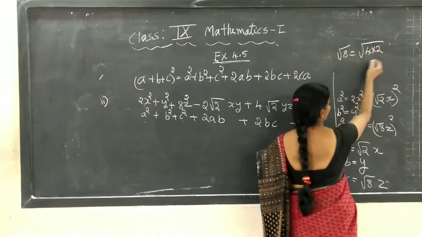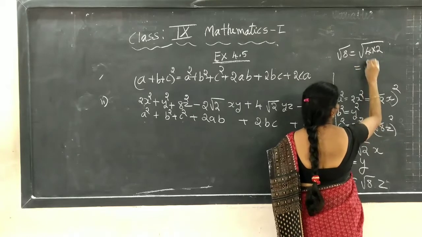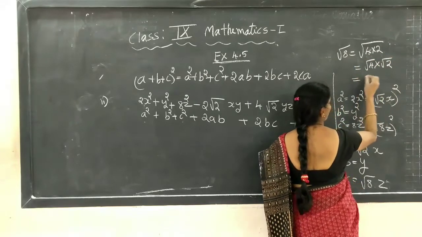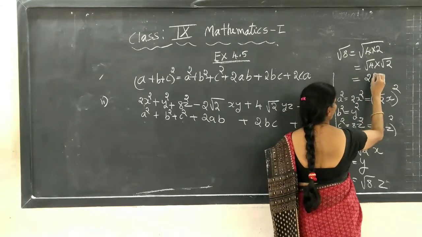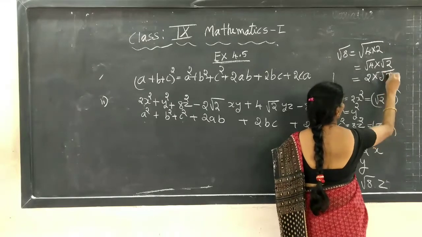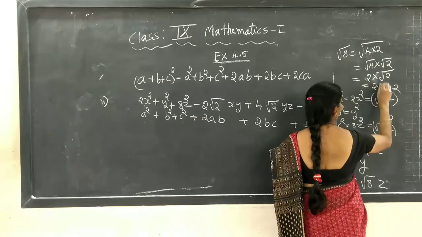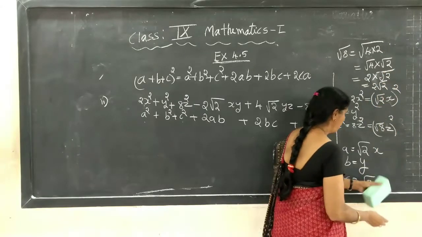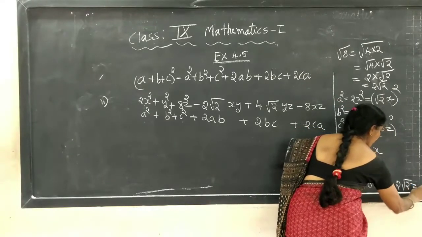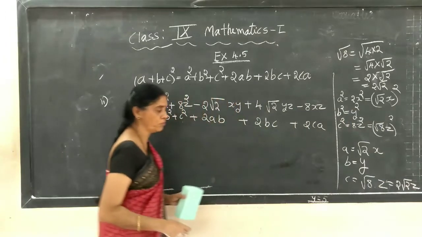I will simplify this: it is nothing but square root 4 into square root 2. Square root 4 is 2, so it is 2 square root 2. So, c can be written as 2 square root 2 z.